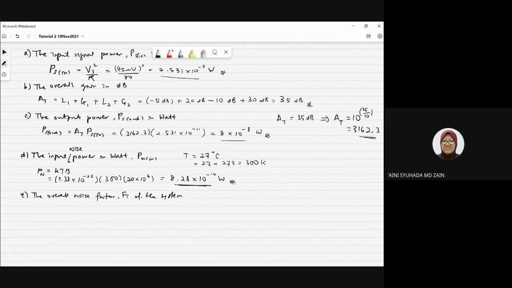of the system. So how to calculate the noise factor for the system?